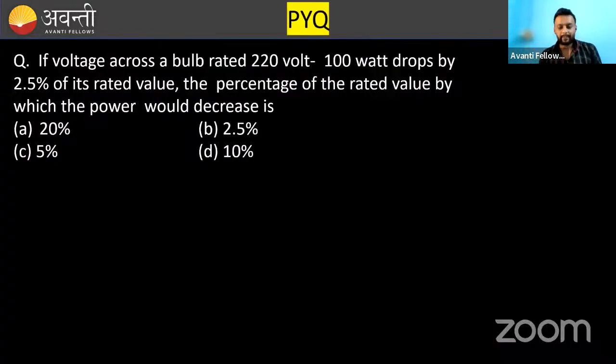Now there is a question. This is again an important question. In your previous NEET exam, the full syllabus test on 24th March, I think you have seen a question similar to this.